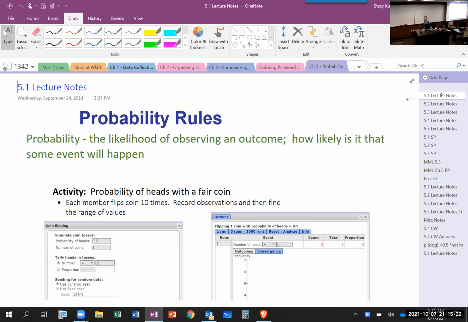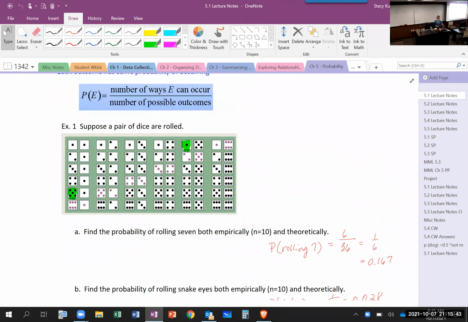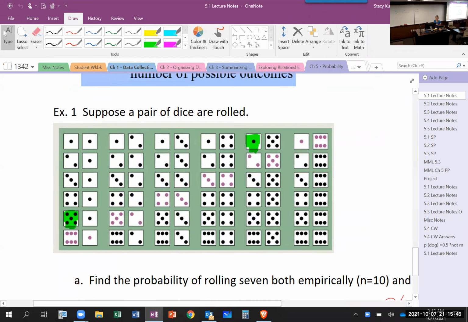No. Or would it be 1 divided? No. But at least you guessed, right? You're trying. I appreciate that. I know the ways of making 7. Count them up, and divide it by what? All the outcomes, right? Remember?